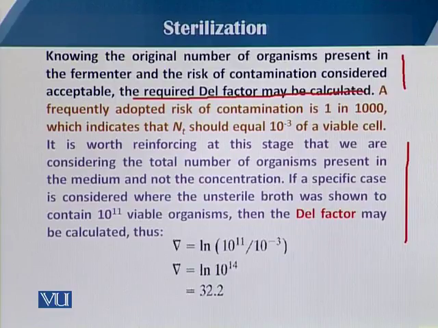The del factor is equal to ln of 10 raised to power 11 over 10 raised to power minus 3, which is ln of 10 raised to power 14, and the answer is 32.2. So this is the del factor when there are viable cells at 10 raised to power 11.